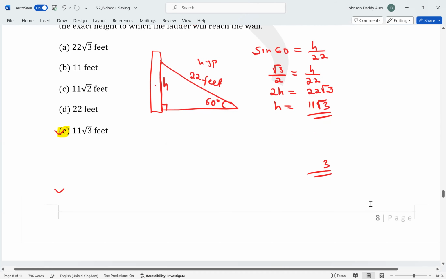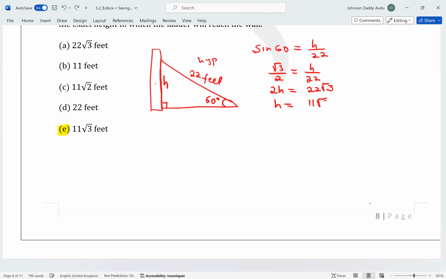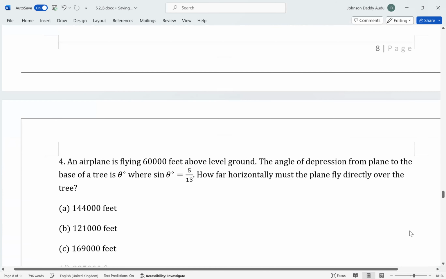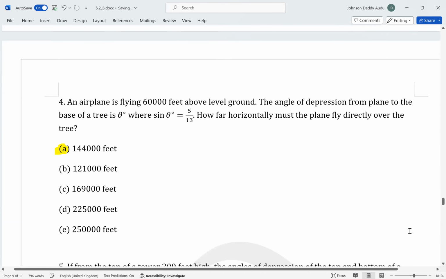So let's see the next. So the next is this one. It says that an aeroplane is flying 60,000 feet above the ground level.